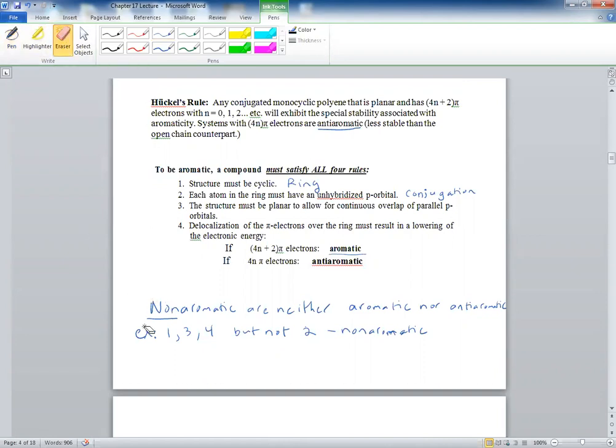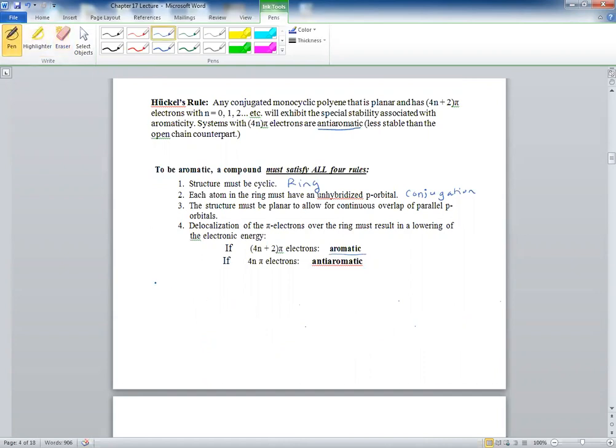So I'm going to erase here and then show you what I mean. So you would like to create a table here, and then put n, that's an integer. So n is an integer.